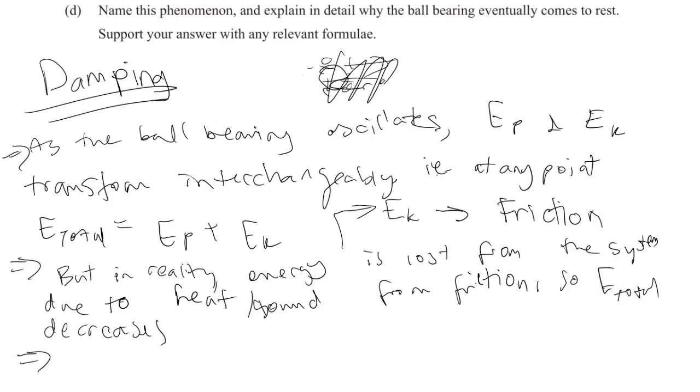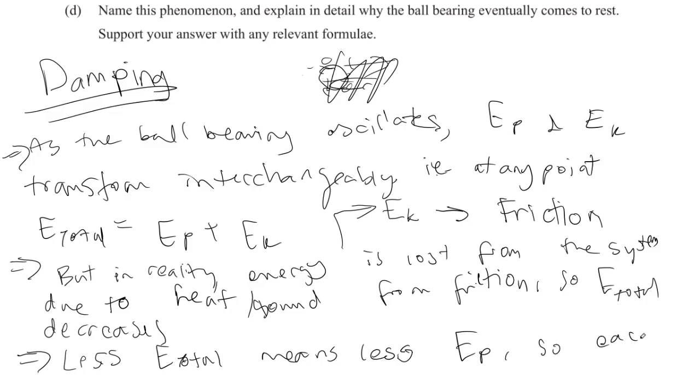So less E total means less gravitational potential energy. So each time, the amplitude decreases. And we are done.